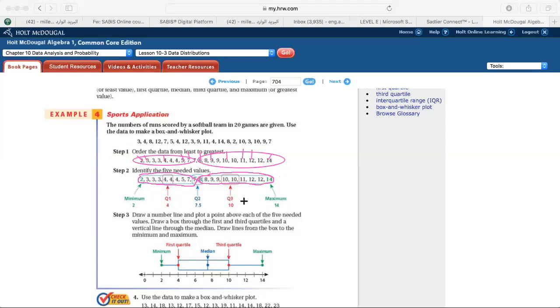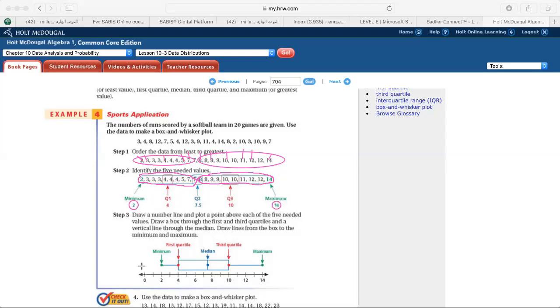So now I put all the values into 2 groups. Then now I can identify the 5 values. Here comes the minimum, which is 2. Here comes the maximum, which is 14.